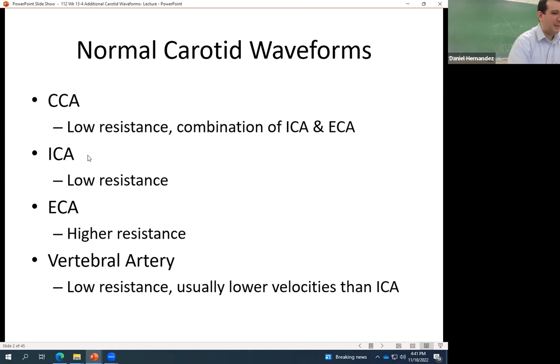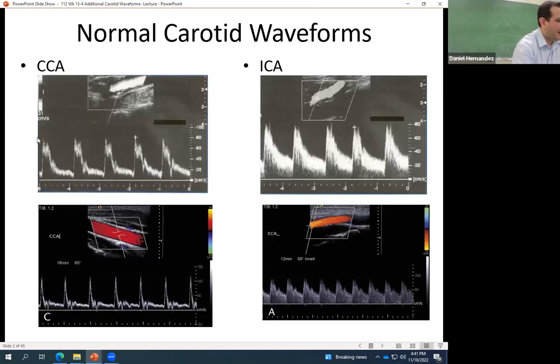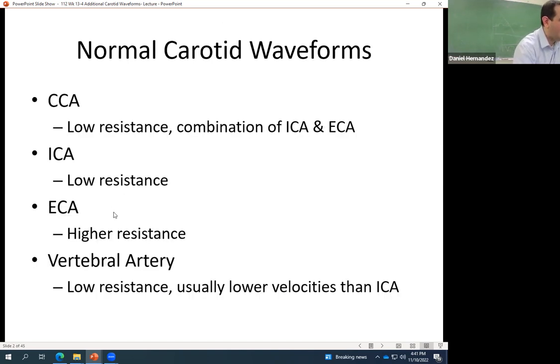The further we get from the bifurcation, the more laminar the flow, so we should get a nice spectral window. ECA waveforms are higher resistance, with a very fast upstroke and very fast downstroke, creating very sharp points, a deep dicrotic notch, and much less diastolic flow.